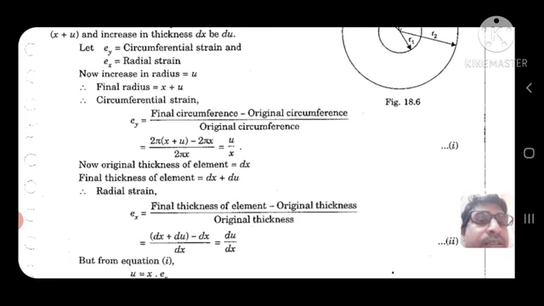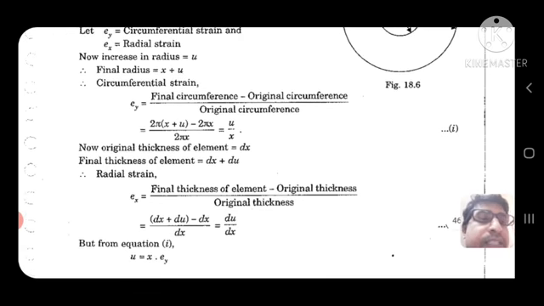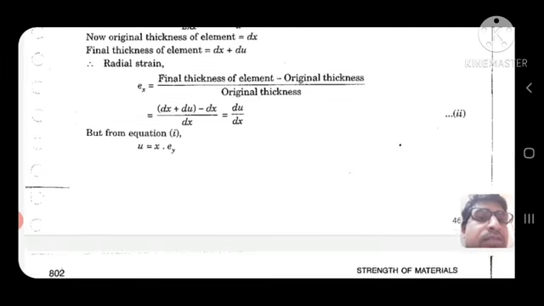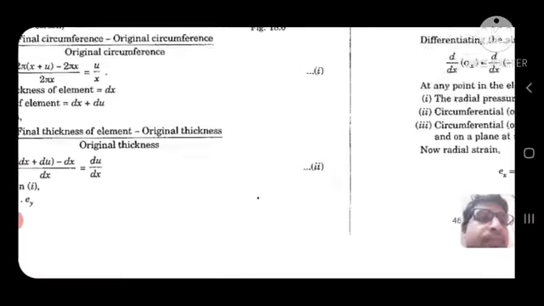Radial strain Ex is final thickness of the element minus original thickness divided by original thickness, so dx plus du minus dx divided by dx, that is equal to du by dx. But from equation 1, u equals x into Ey.